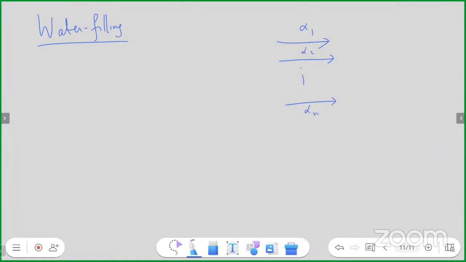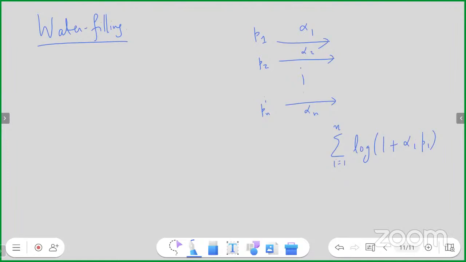So if you put, let's say, P1, P2, and so on amount of power, this is the resource you're spending on communication channel number 1, whose gain is alpha 1. The output you're going to get is logarithm of 1 plus alpha i p_i, i going from 1 through n. This is the output function, utility function.